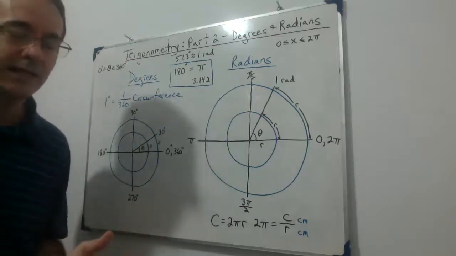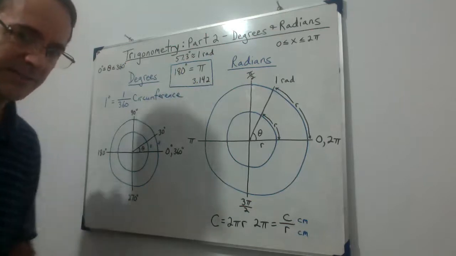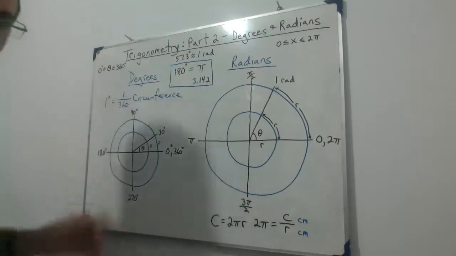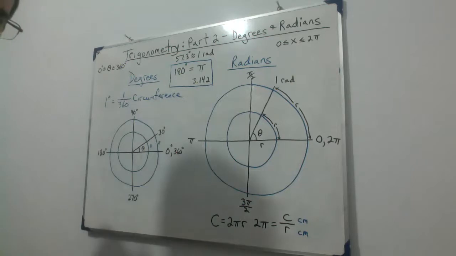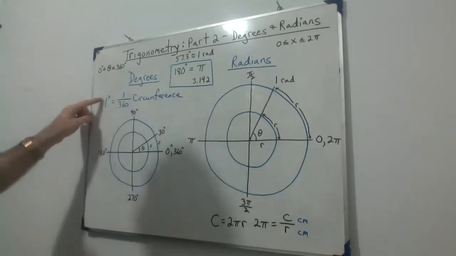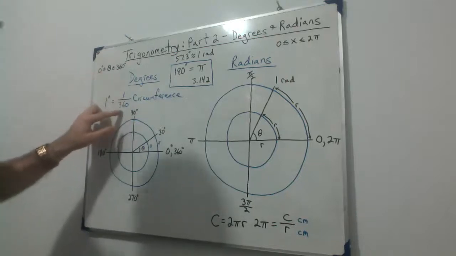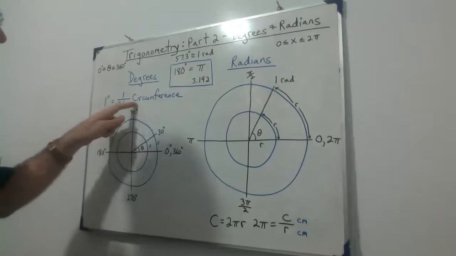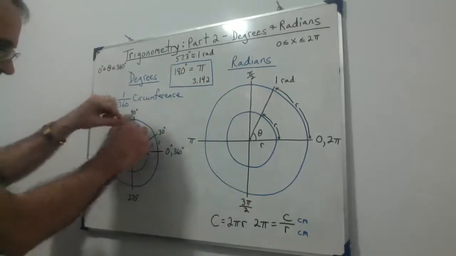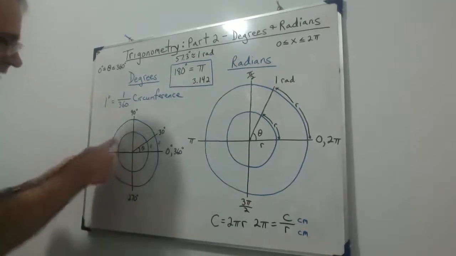Now, I don't know why it came out to 360, but they divided a circle into 360 parts. So basically, 1 degree is 1 out of 360 parts of the circumference, being the distance around the circle.